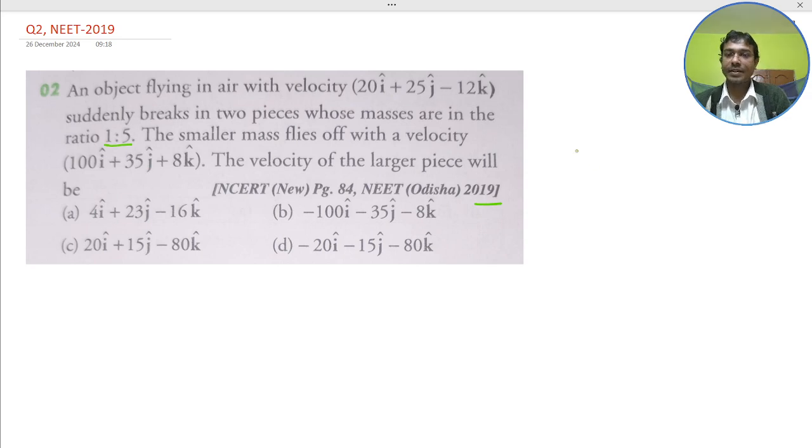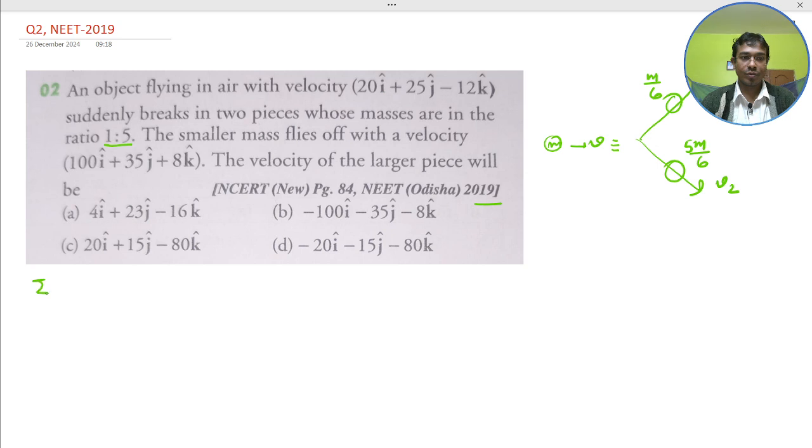So mass m with velocity v is broken into two parts. This is the mass m by 6 with velocity v1 and this is the mass 5m by 6 with velocity v2. So summation of mi vi is equal to summation of mf vf, linear momentum conservation.